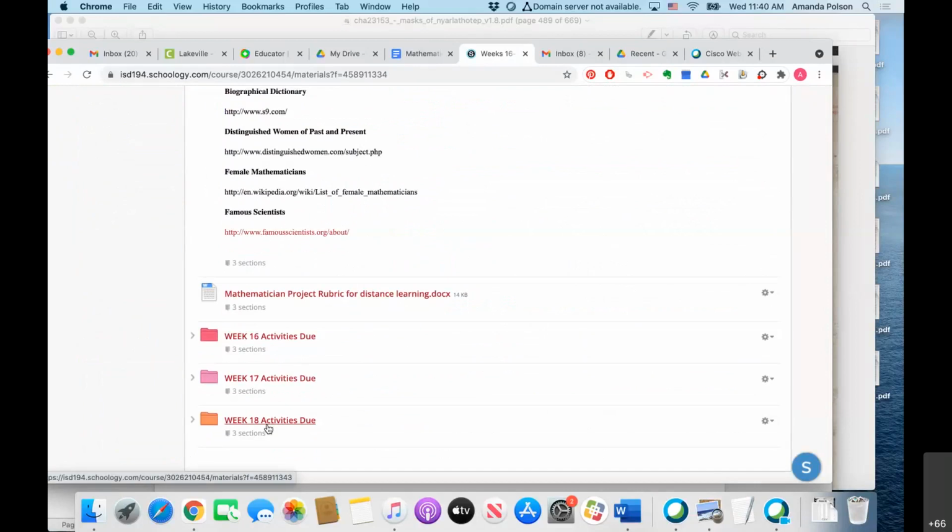Question, are you allowed to work ahead? Yes, you are allowed to work ahead. Now that we have had this meeting and we have gone over the directions and you know what you're supposed to do, if you want to work ahead and get it all done by the end of next week, you are allowed to do that. I will warn you, there were a couple people who tried to get this project done in 1 day or in 2 days.